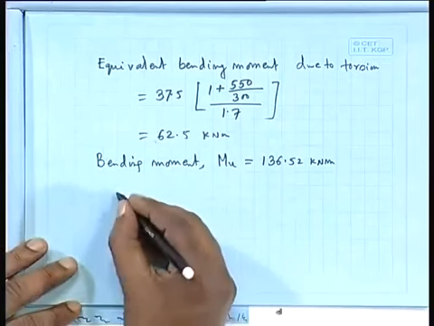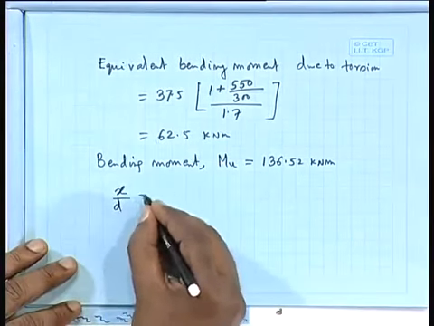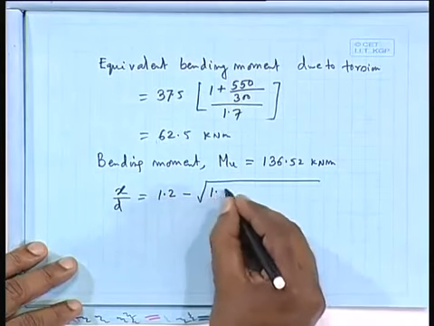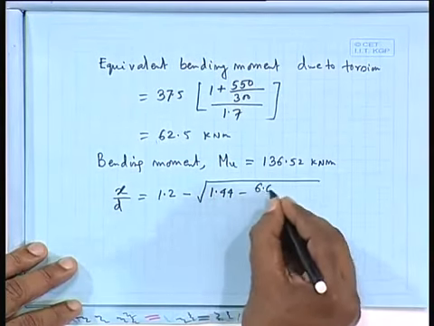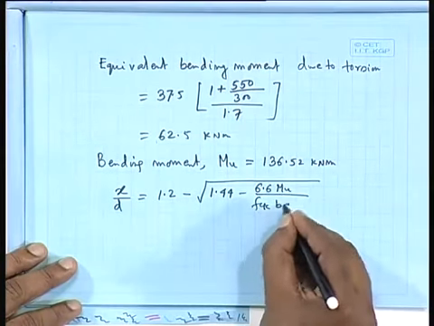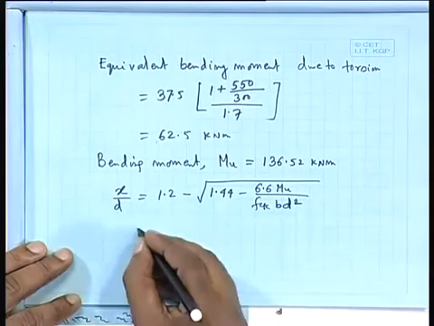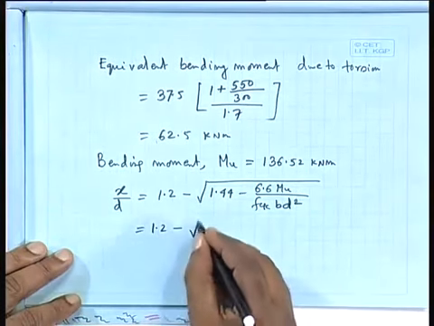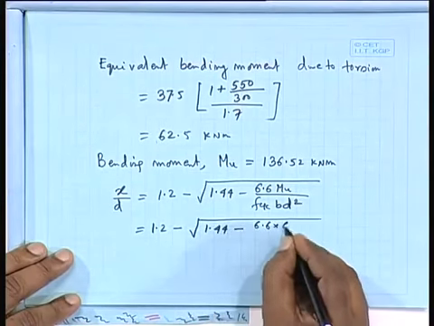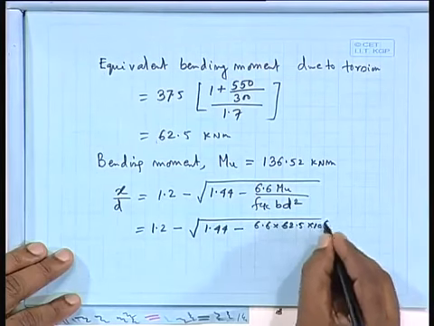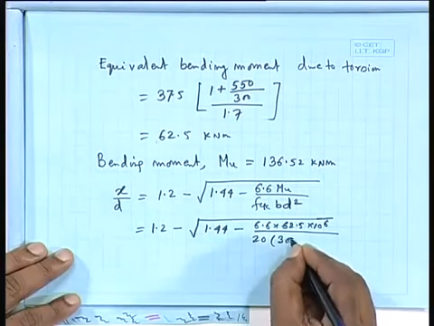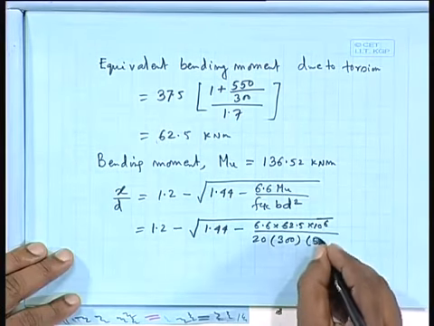So we can find out x by d, which equals 1.2 minus the same formula, 1.2 minus root over 1.44 into 6.6 times 62.5 into 10 to the power 6 divided by 20 times 300 times, let us take 515.